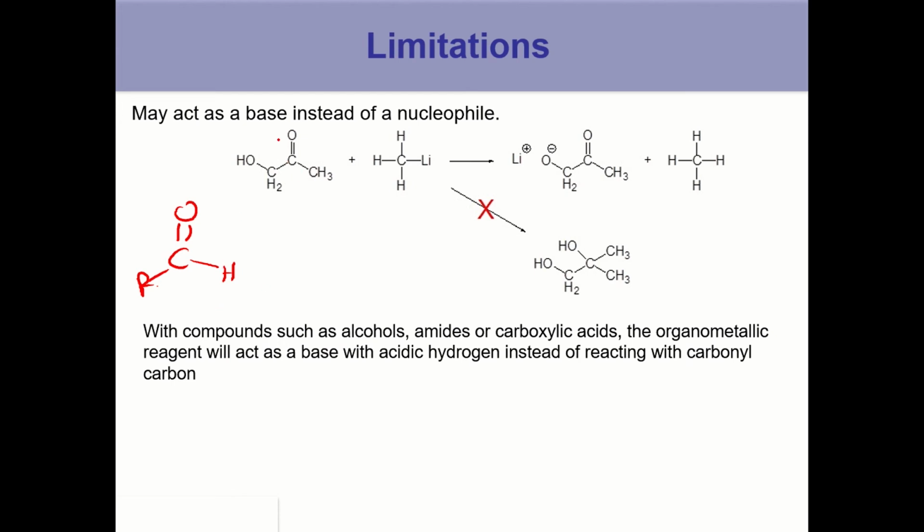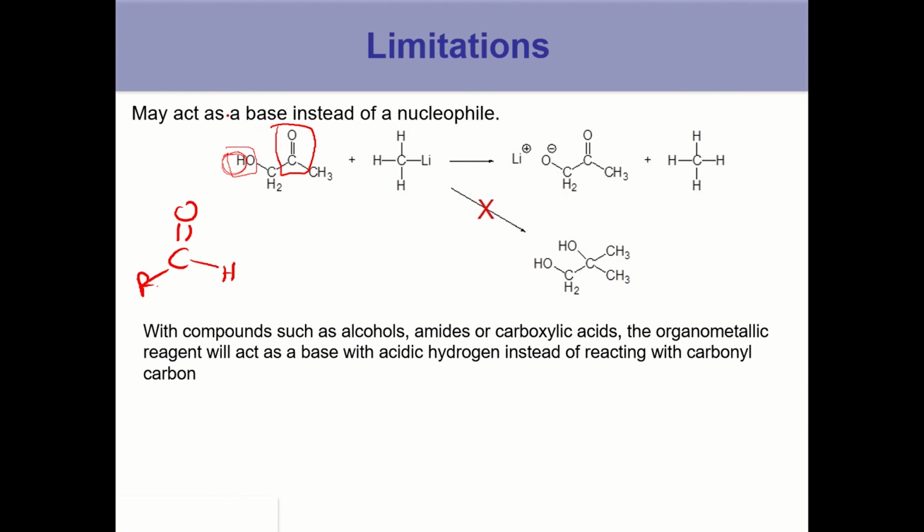other compounds that may have the carbonyl group, now you can see the carbonyl group in this molecule. However, at the same time we have this alcohol group. Now this hydrogen can be a little bit acidic. That acidic hydrogen can interfere with this basic nature.